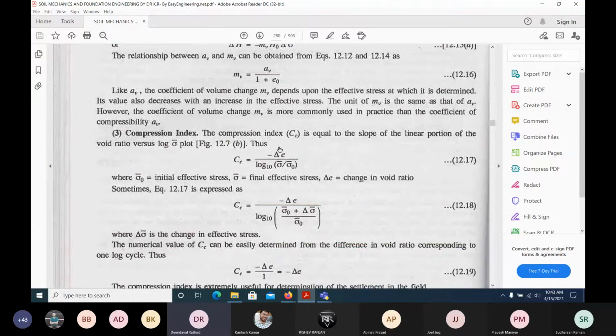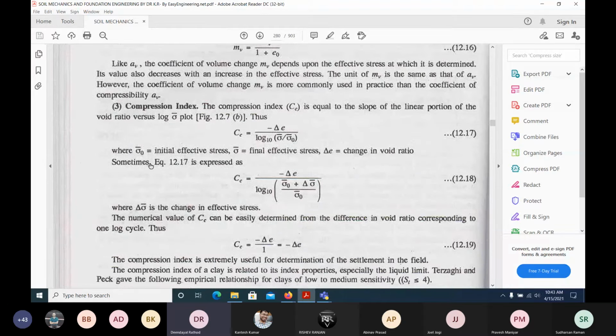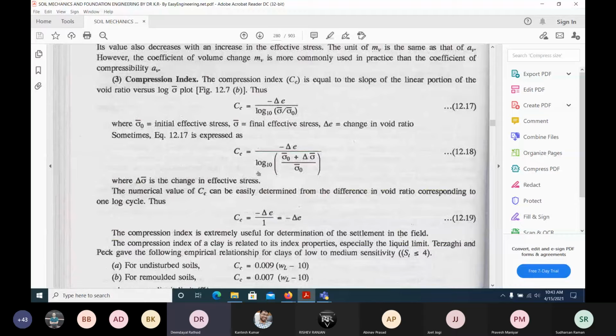Again it is in a negative form, where sigma naught is the initial effective stress, sigma is the final effective stress, and delta e is the change in the void ratio. Sometimes it can also be expressed in this way. Here, this is the initial one, sigma naught, and this is the final one.